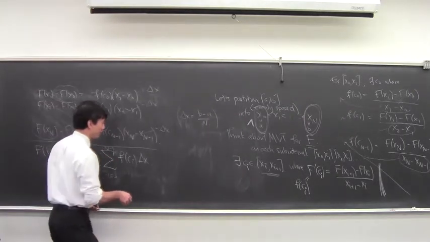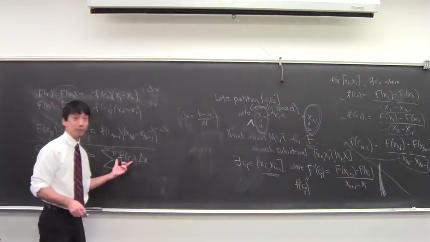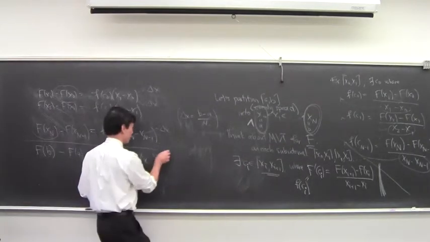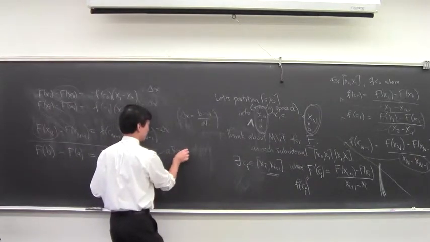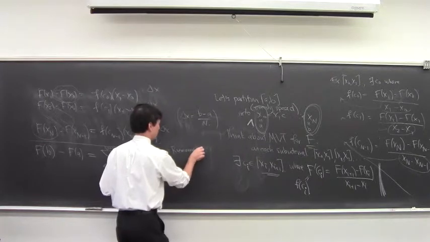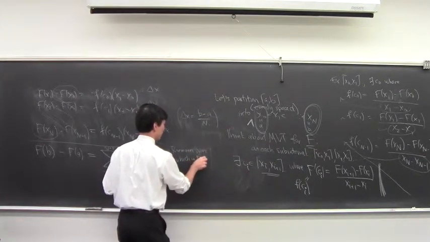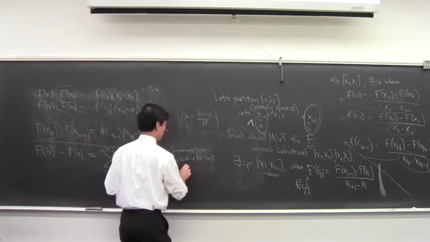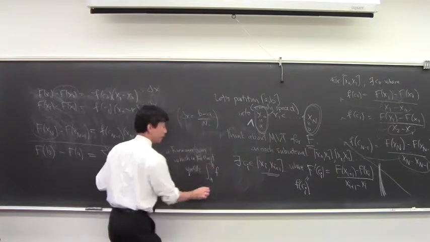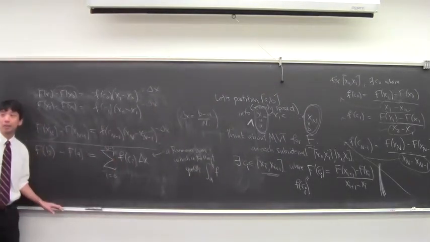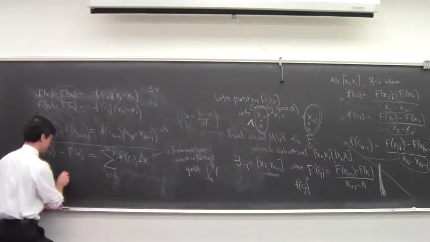So this thing here is a Riemann sum, which in the limit yields the integral from a to b of f'. So just take the limit.